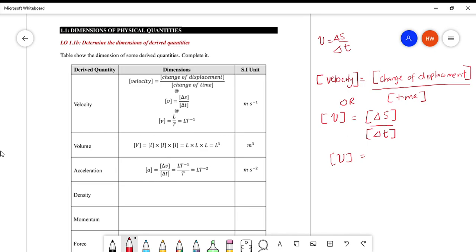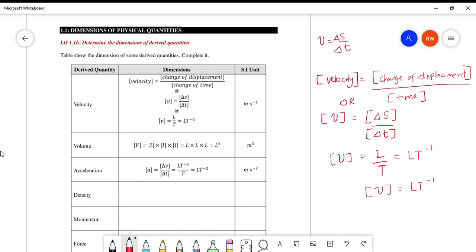Displacement is length, therefore the dimension for length is L. And delta t is time, so the dimension for time is T. So the answer, you have to write it down like this, is LT minus 1. So this is the dimension for v, LT minus 1.